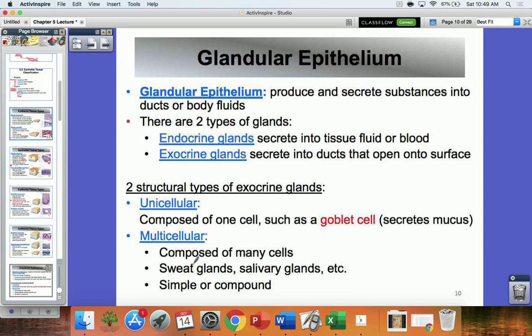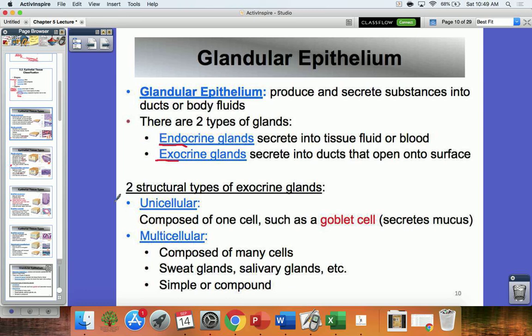Endocrine, the prefix endo means inside, and so endocrine glands are secreting fluids into the blood or into the body. Exocrine, exo means outside, and so it is secreting to the outside of the body. Okay, so anything that's being secreted to the outside of the body, we'll consider an exocrine gland.